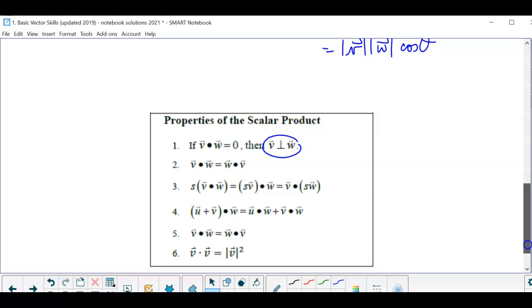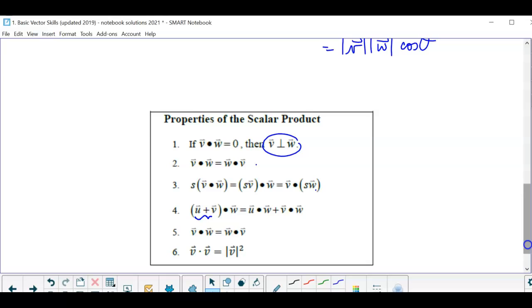The order of taking the dot product doesn't matter. Multiplying the dot product by a scalar, the order doesn't matter for that. You either multiply the first vector by the scalar or the second one. If you're adding two vectors and then taking the dot product with something, it's kind of like the distributive property, but with dot product. So you basically take the dot product with each.